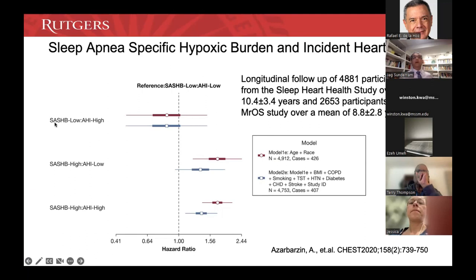But if you had somebody who had both a low hypoxic burden, but a very high AHI, and similar to the example I presented, there wasn't an increased risk for incident heart failure. However, when you had a high hypoxic burden, even though your AHI was low, you had a high risk for incident heart failure. Obviously, when you have both as high, that also shows a high risk for heart failure.